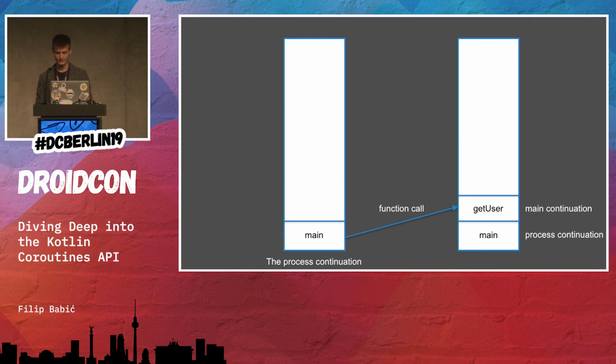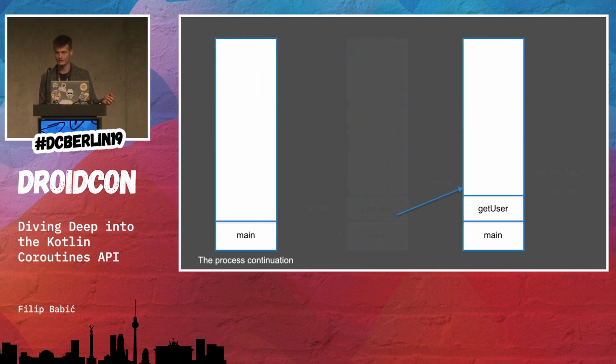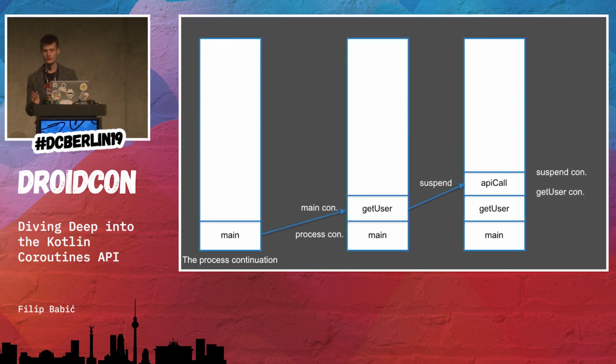But when you call a suspendable function, you have two continuations now. You have the getUser one in this case, when you call API call, and you have the suspendable one. Because the API call function is a suspendable function, and it can suspend any number of times within itself. So it has to use the suspend continuation to know where it is within the API call function itself.